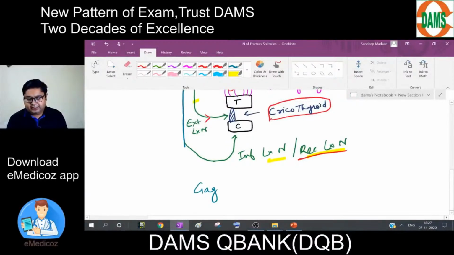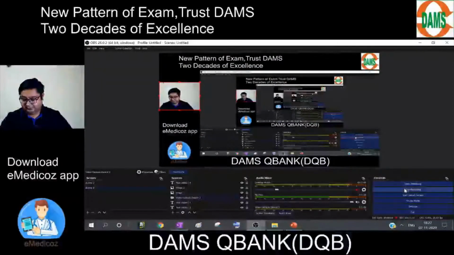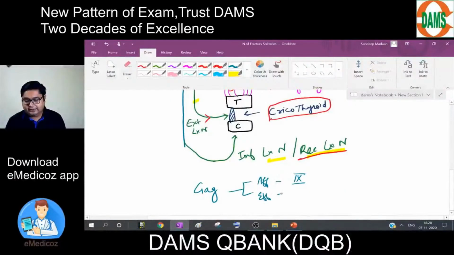And please understand, for the gag reflex we have afferent and efferent. Afferent is the ninth nerve and efferent is the 10th nerve. It is actually the vago accessory complex, or for clinical purposes we say 10th nerve, right?